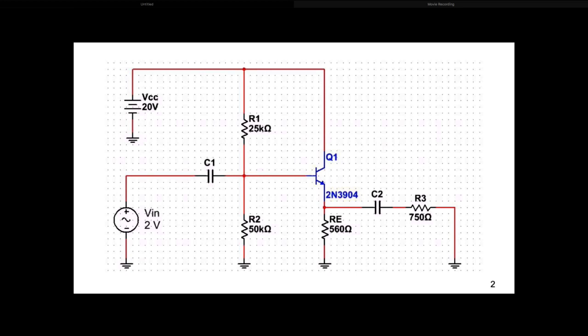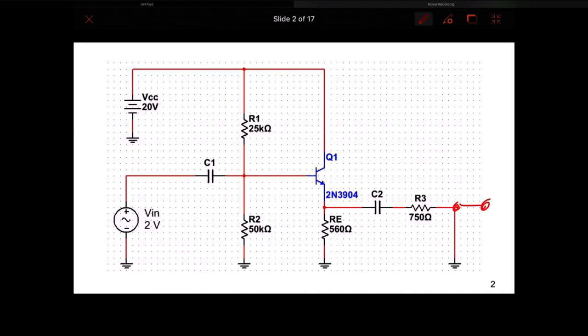Okay, so this is the schematic. Again, you will need a printed copy. However you get that is up to you to work with. And this is going to be, of course, our output.